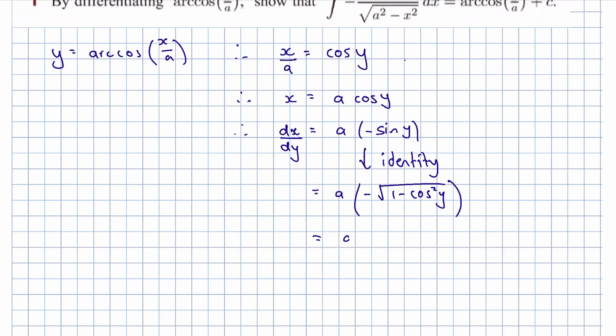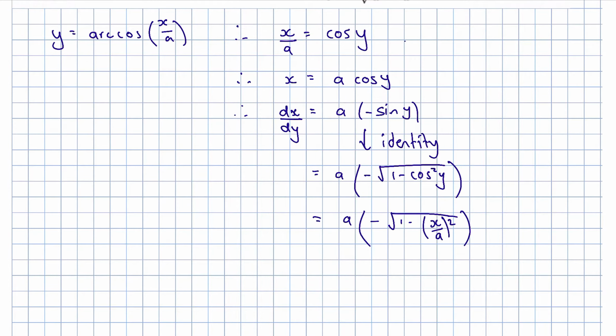So we've got a lots of minus the square root of 1 take x over a squared. Okay, and that's it.